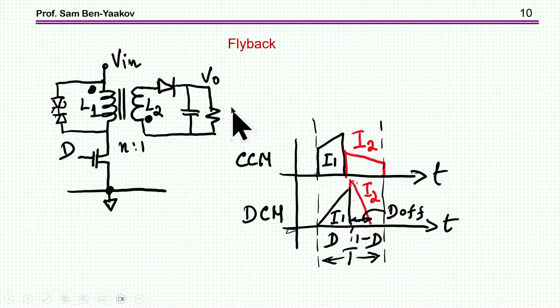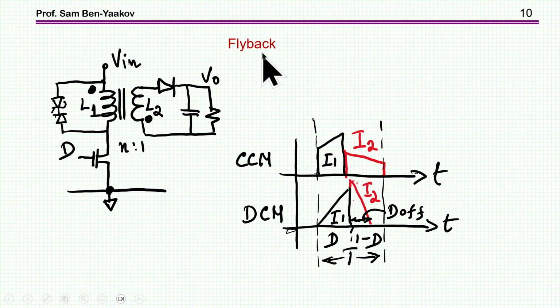Here, we have to distinguish between two separate cases, the continuous current mode and the discontinuous current mode. Obviously, the buck boost and boost could operate in DCM, this discontinuous current mode. However, this is not really a mode of operation, but rather a case in which the power is going down and then you enter into DCM.